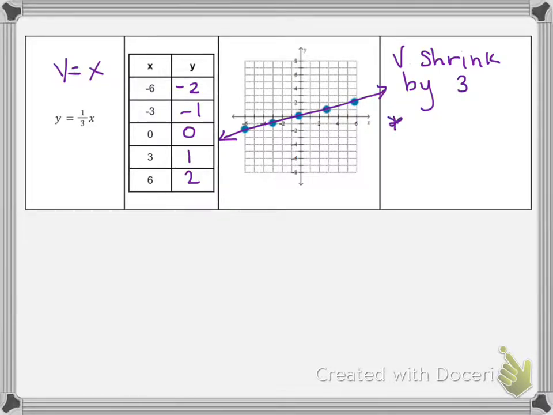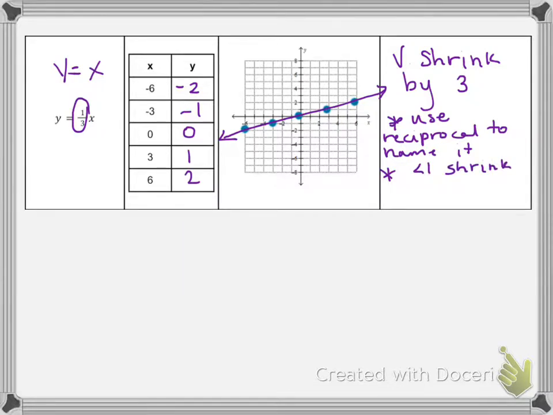Okay, so what do we notice about a stretch and a shrink? The first thing about a shrink is that we use the reciprocal to name it. Okay, and then we're going to notice that anytime we have a fraction or a number less than 1, so if my number is less than 1, it's a shrink.